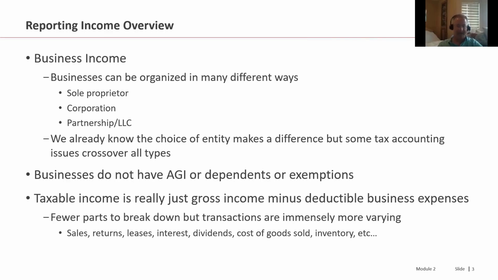So calculating business taxable income is actually pretty easy: gross income minus deductible business expenses. That's pretty simple, right? But the variance in the type of transactions that businesses get involved in is much broader.